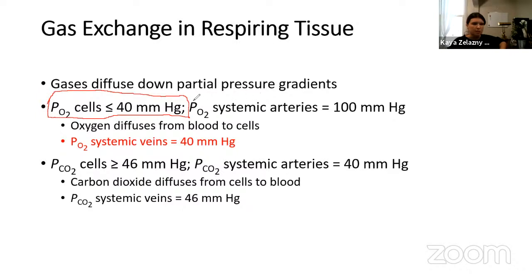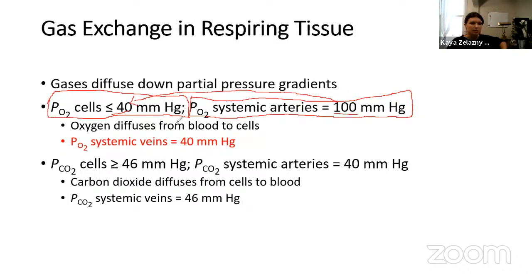But we know that the oxygenated blood coming in reached equilibrium with the partial pressure of oxygen in the alveoli, which was 100. Okay. So we can see the gradient here, right? 100 is more than 40. So the oxygen is going to move into the tissue towards that lower number, towards that 40.